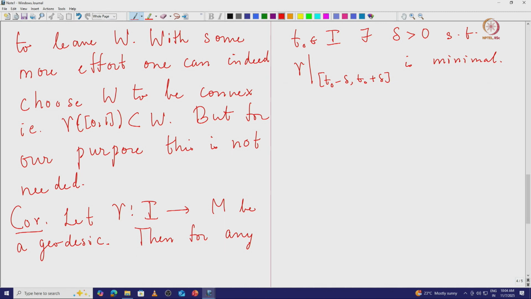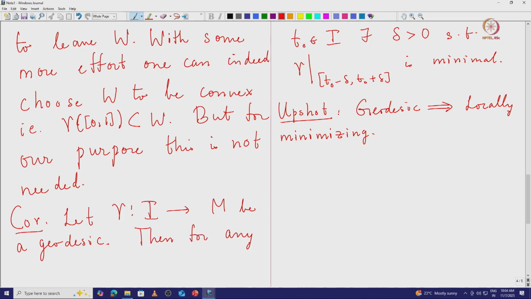Okay. So the upshot is exactly what I had claimed a few lectures back, that even though a geodesic may not be globally a minimal curve, geodesic implies locally minimizing at least.